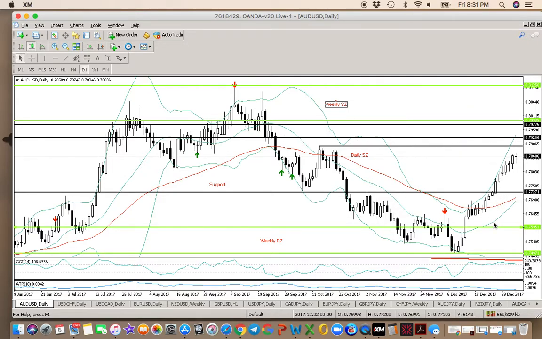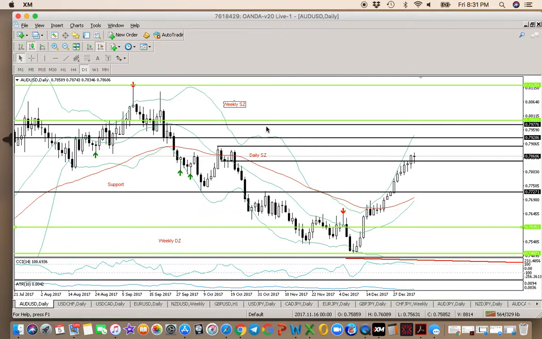Maybe we might get some type of retesting. It may break this zone, enter into this zone, and then reverse, or it may just go past both zones and go into the weekly supply zone. But right now we don't have any price action giving us any trade.